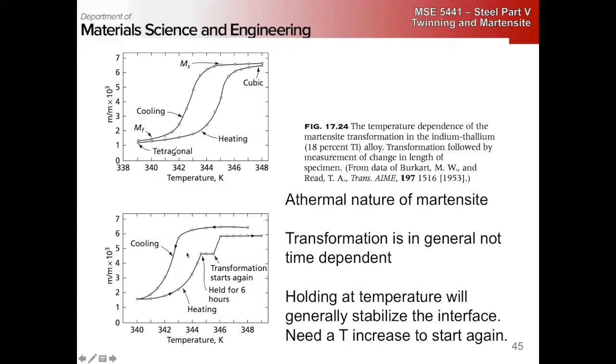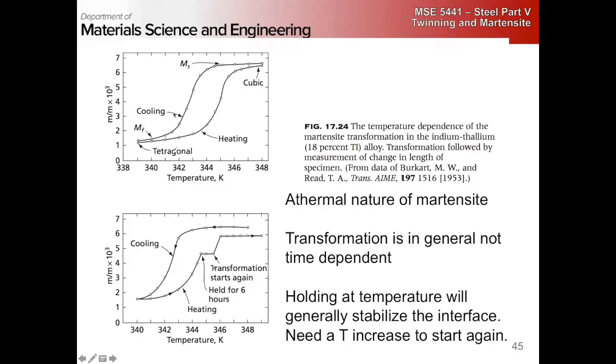But anyway, the other point I wanted to make is that if you hold at temperature, you can stabilize the interface. So here they held for an extended period of time, and you have to increase a little bit past to get the transformation to go back. But notice this is reversible, right?